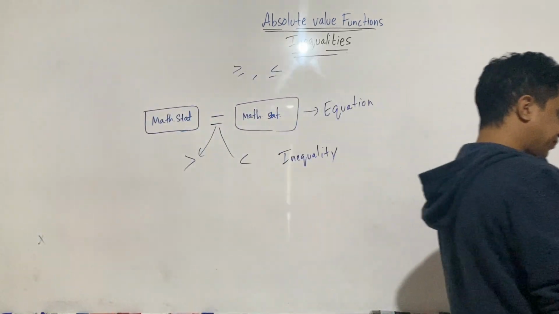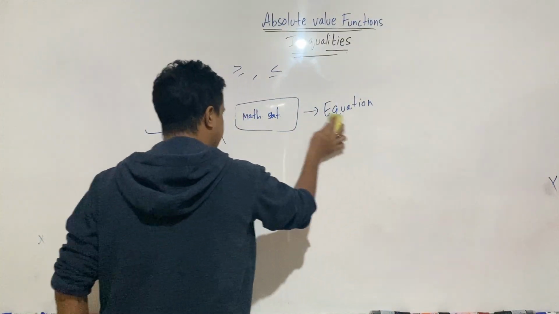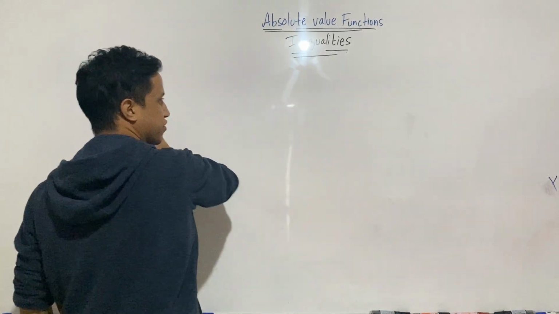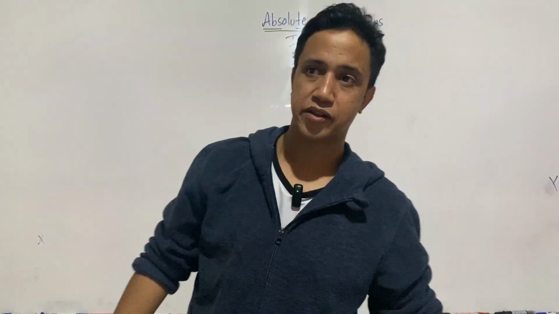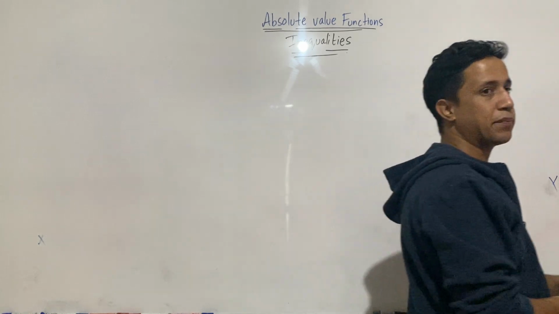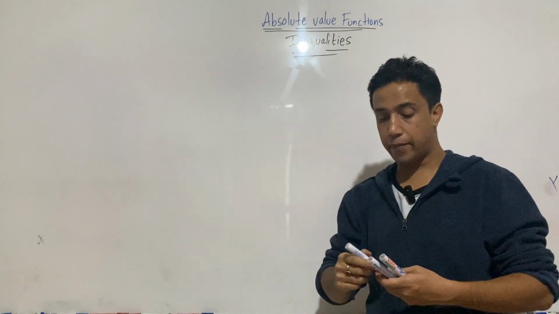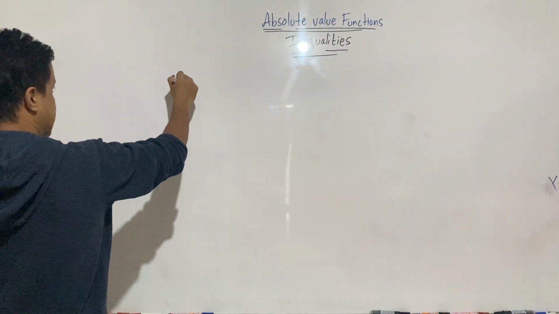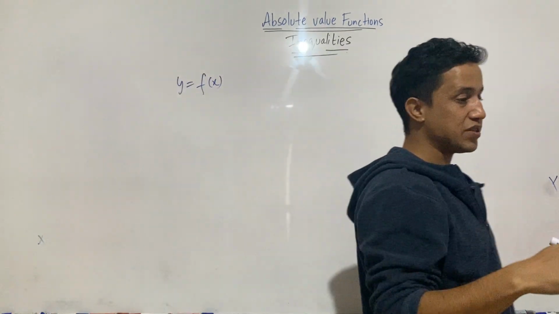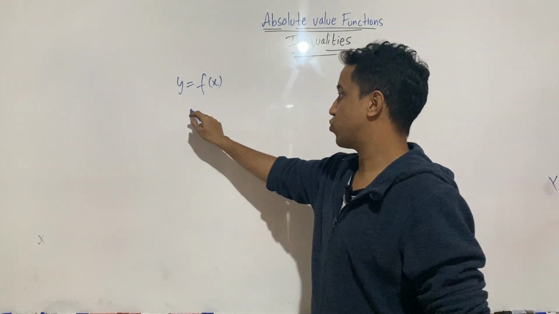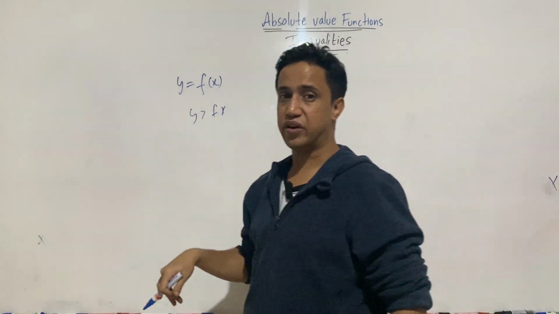When we did the graphs of cubic polynomials and quadratic polynomials, there we discussed the inequality. If you remember, we spoke about if y is equal to f(x), then to represent y greater than f(x), the region above the curve will represent that region, right?